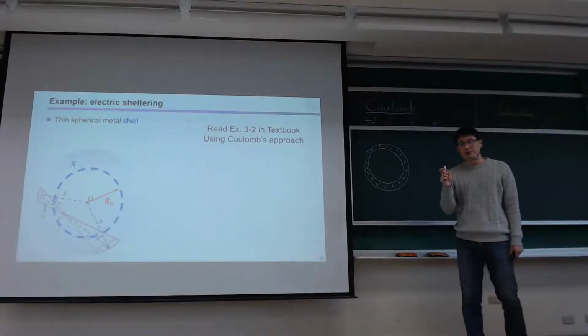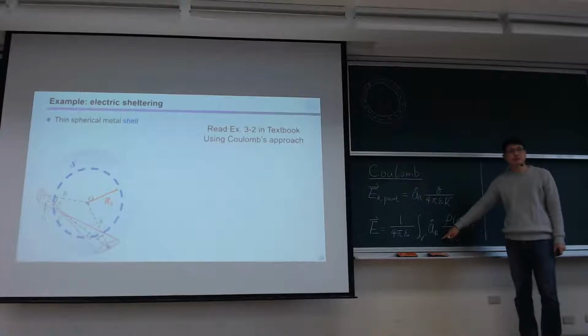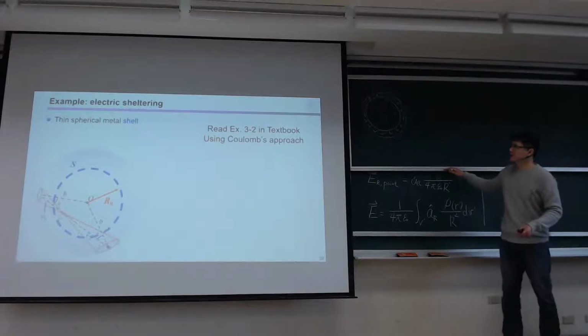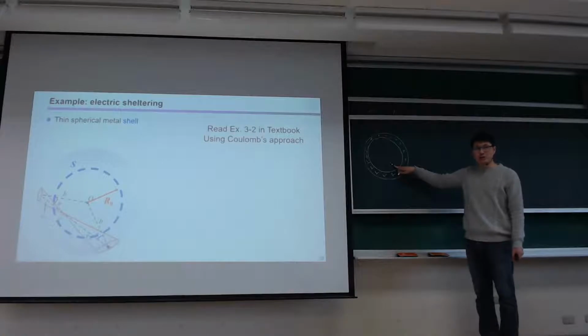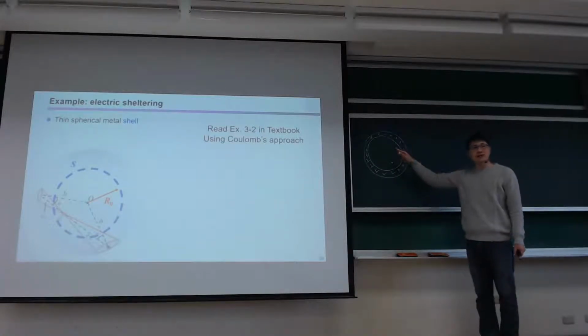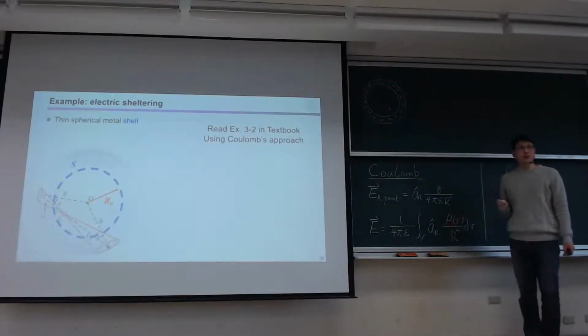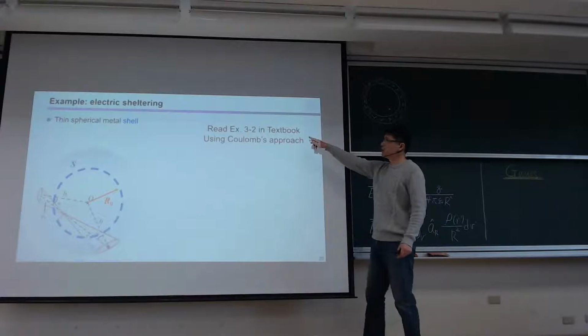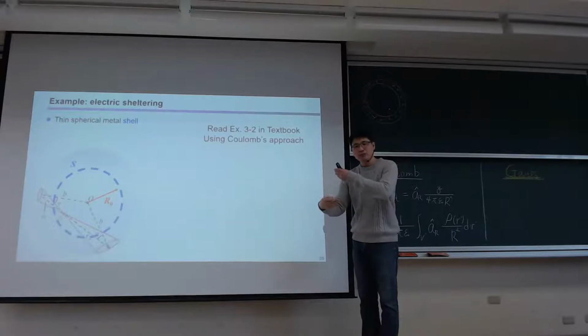if you were to use Coulomb's law, you have to perform integrations for each point. Because if I want to know the E field intensity distribution at any given point inside the shell, without Gauss, you have to perform this type of integration, which is extremely difficult. If you don't believe me, read example 3.2 in your textbook. You have to go over a lot of mathematical derivations.